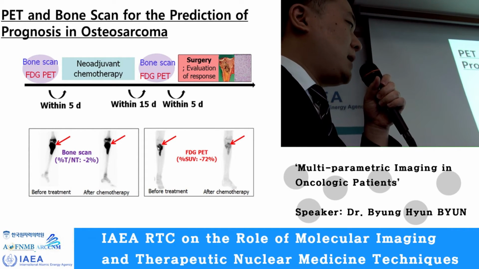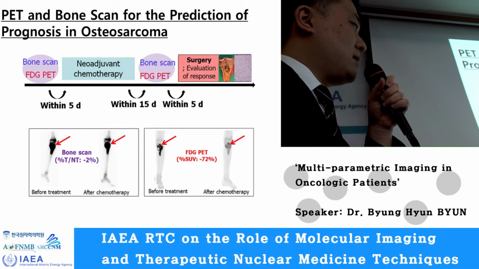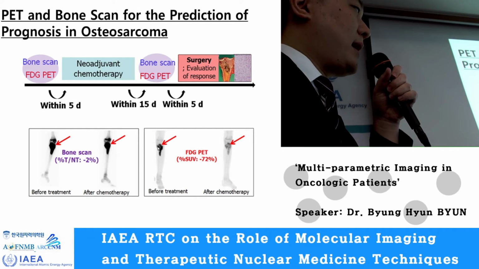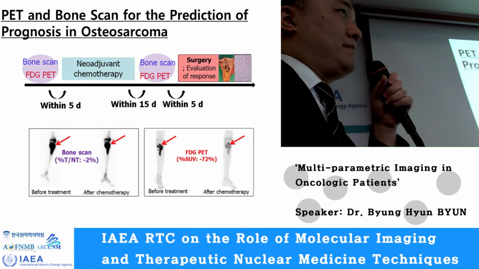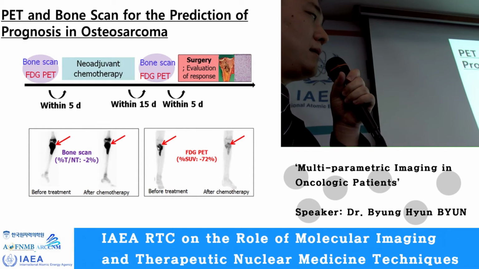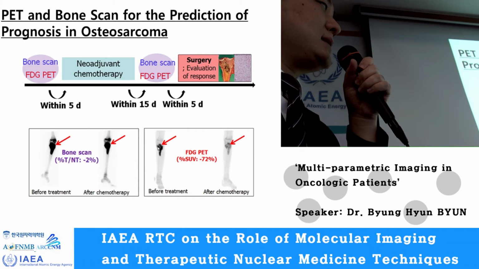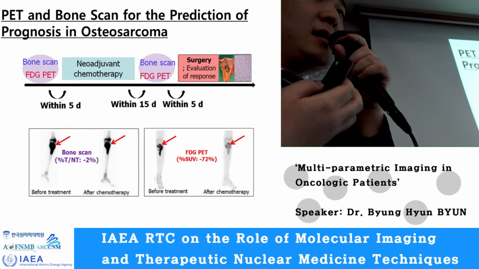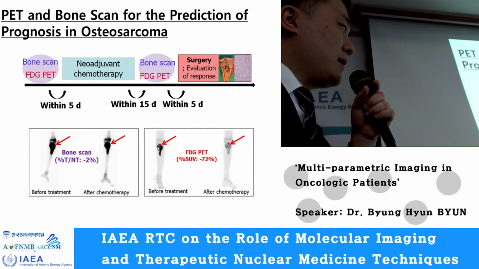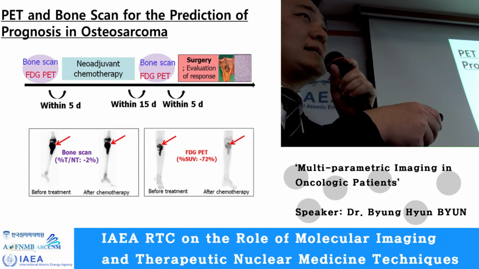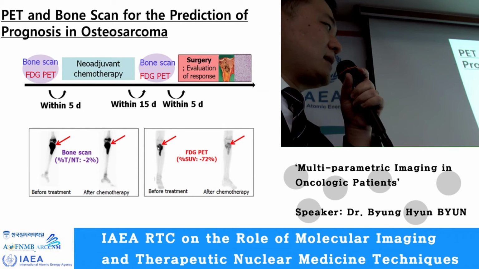And after chemotherapy, in this case, the ratio was not so much decreased. But on FDG PET, the metabolic activity significantly decreased. So we can suggest that the metabolic activity of the tumor significantly decreased, but the osteoid matrix produced by osteosarcoma cells did not decrease after chemotherapy.